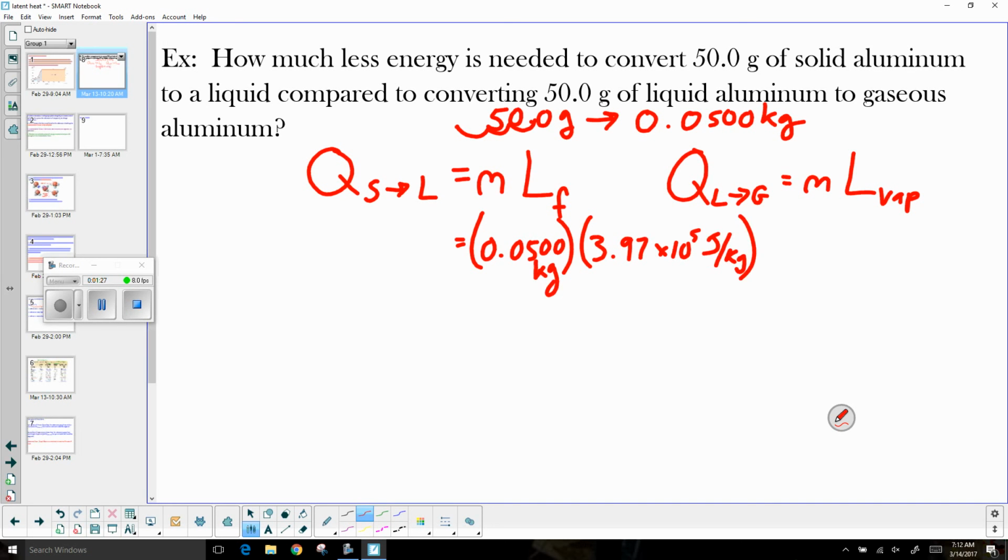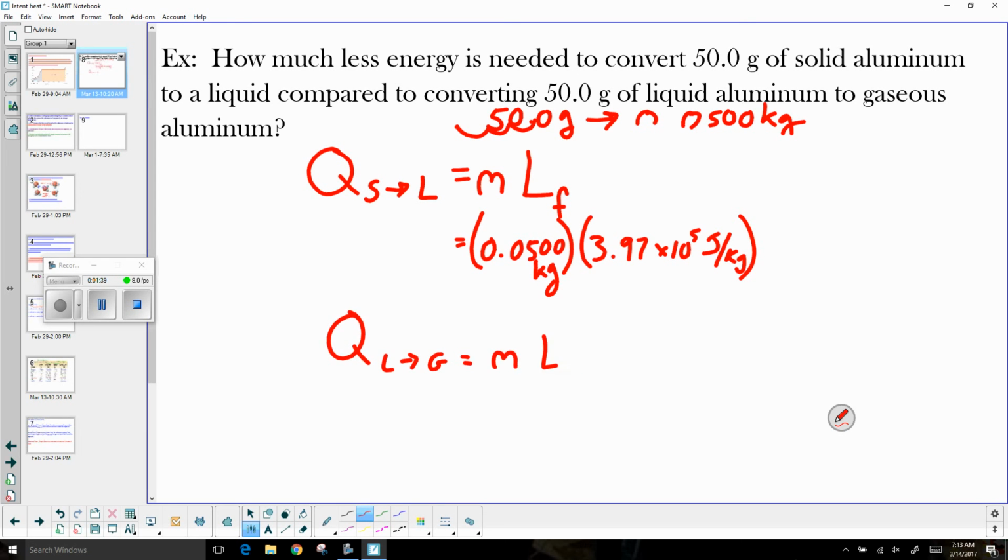This mass is also in kilograms, .0500. Latent heat of vaporization for aluminum going from a liquid to a gas is 1.14 times 10 to the 7th joules per kilogram. In both these cases, kilograms are going to cancel out.